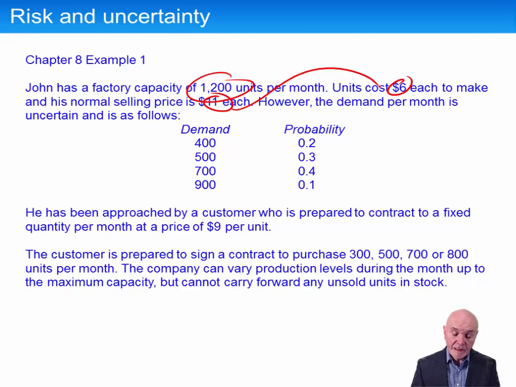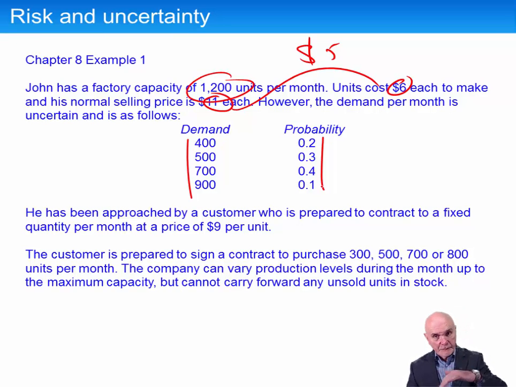So for these ordinary customers, there'll be a contribution of 11 minus 6, a contribution of 5 per unit. But John doesn't know exactly what these customers demand. Here we have 4 demands from 400 to 900 with 4 probabilities that we might be able to use.